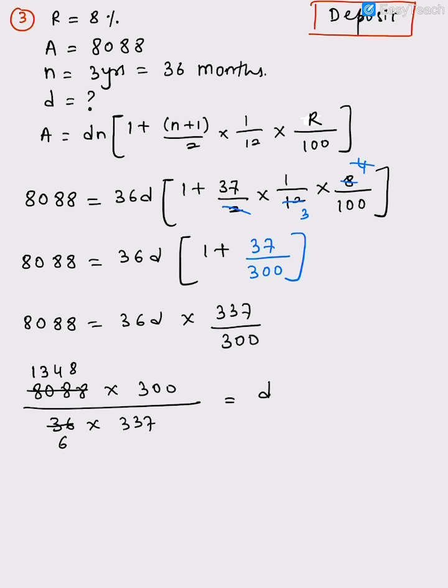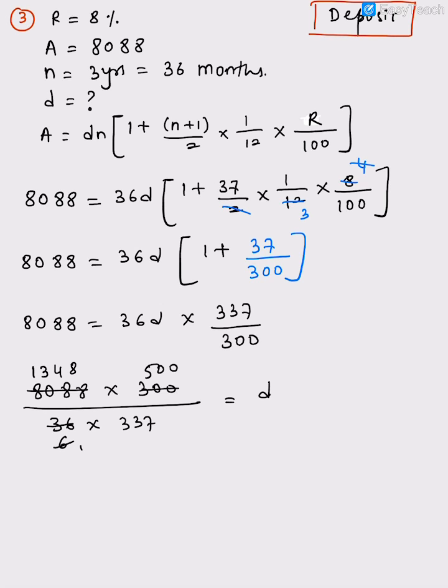Now here again, what can you divide with? 3. You can divide this with 6 ones are 6 and 6 fives are 30. Now it has to go with 337.